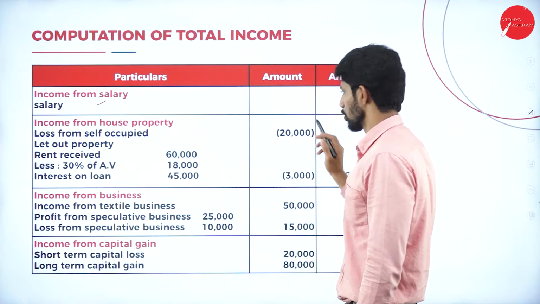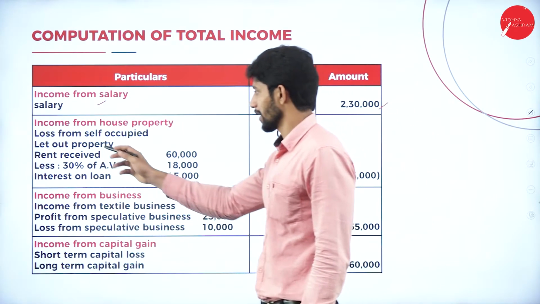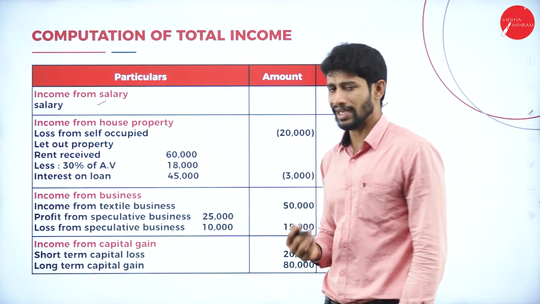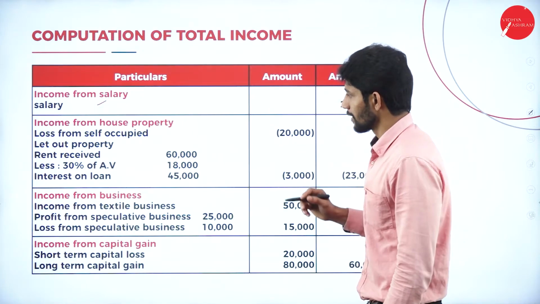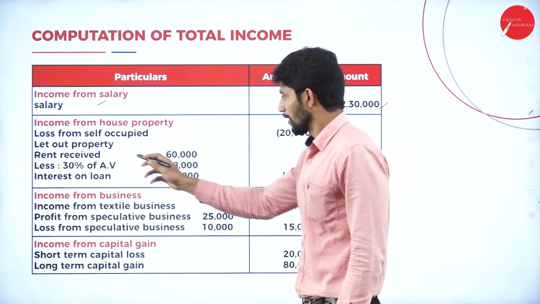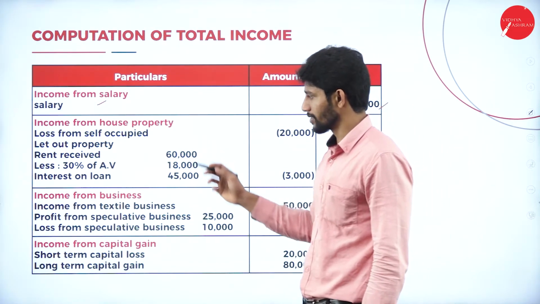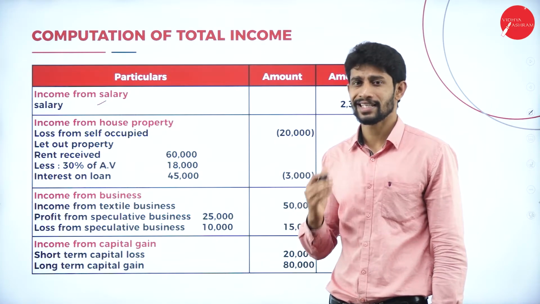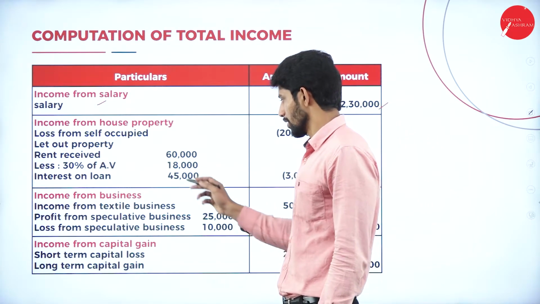So what is the amount? 20,000 we have taken in bracket because it is a loss. Next, let out property. So what is the rent received? Rent received is 60,000, and the municipal tax is not given in this problem. So rent received 60,000, that will be the annual value for us. So less 30% of annual value, that is standard deduction under section 24. So you'll get 18,000.